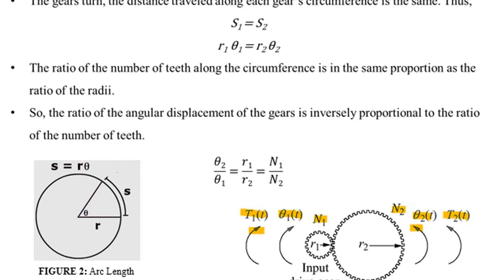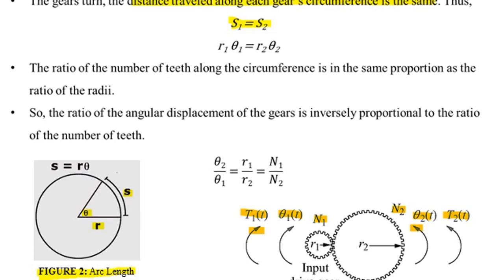Now first point is the distance traveled along each circumference is the same. The distance traveled by first gear will be equal to distance traveled across second gear. For this, if you look at the second figure which represents arc length, it shows that arc length S is equal to radius multiplied by angle covered.